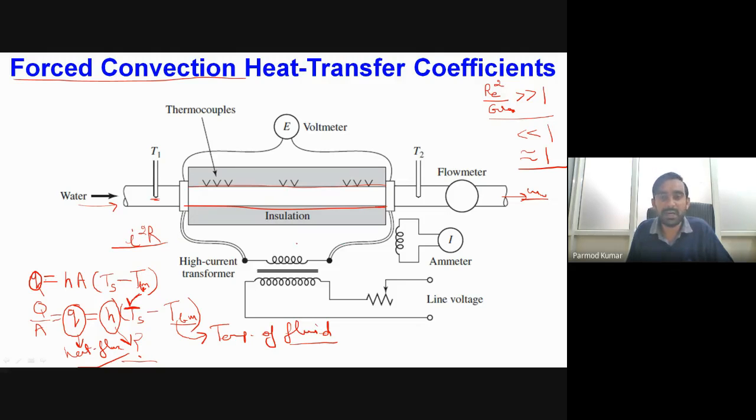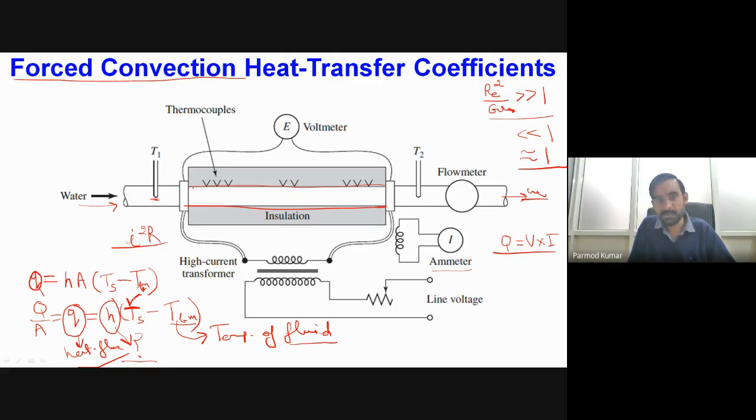Now we have to find out the voltage and current we are passing through it, so we use a voltmeter and ammeter here. If we have a steady flow situation, corresponding to steady state heat transfer condition, whatever electrical energy we are supplying, Q, is equal to voltage times current, which is the amount of electrical power we are supplying.